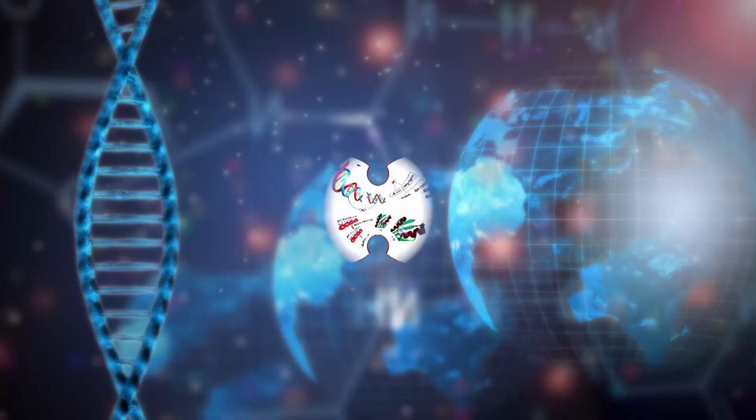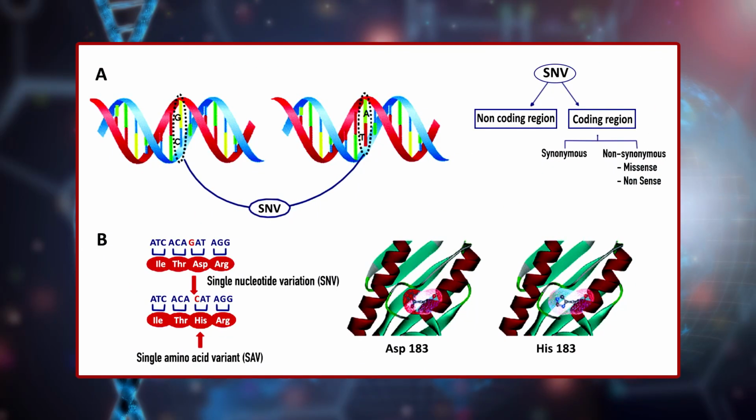SNPs may fall within the coding or non-coding regions of genes, that is DNA, or in the intergenic regions between the genes. So coding region SNPs may be either synonymous, that is no change in amino acid sequence, or non-synonymous, that is change in amino acid sequence.